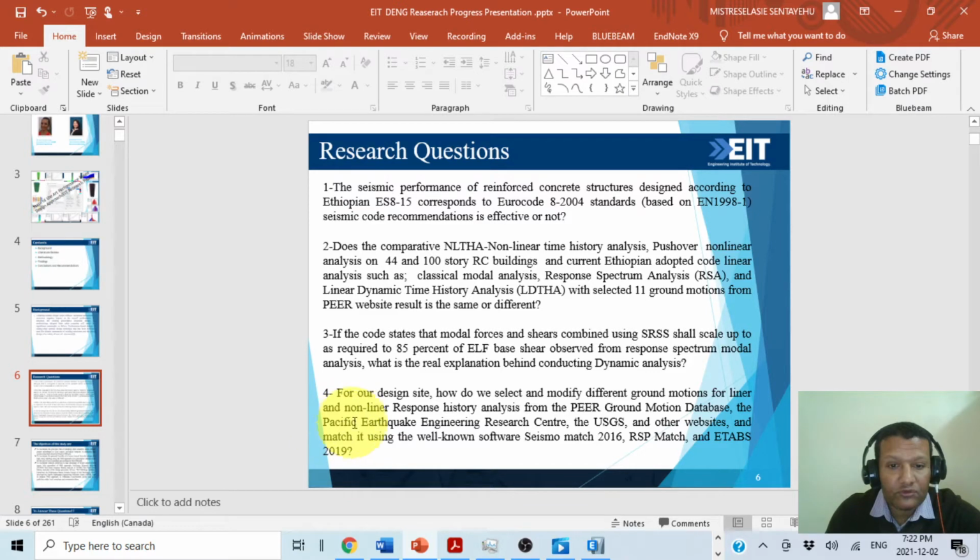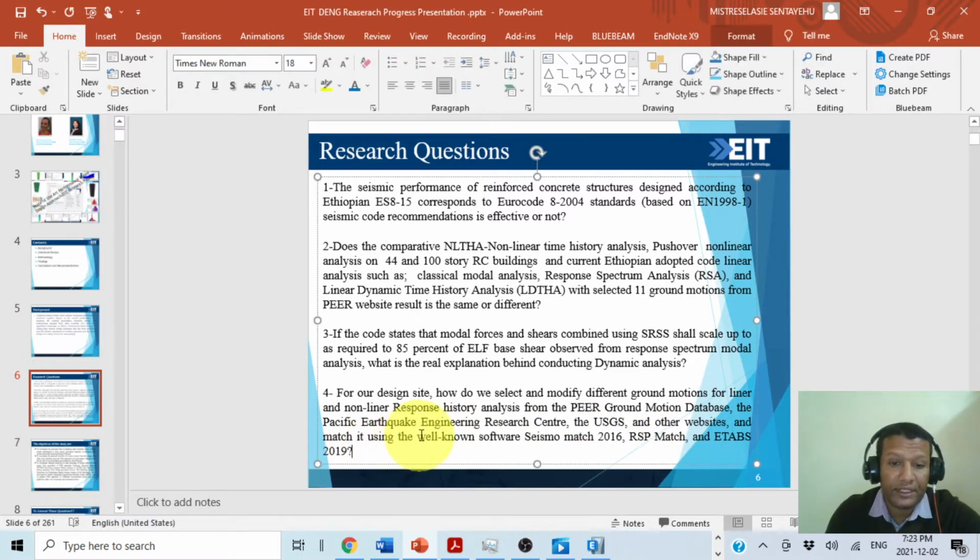Number 4, for our design site, how do we select and modify different ground motions for linear and nonlinear response history analysis from the PEER ground motion database, the Pacific Earthquake Engineering Research Center, and USGS and other websites, and match it using well-known software like SeismoMatch 2016, RSPMatch, and ETABS 2009.